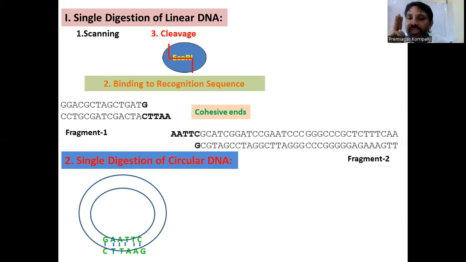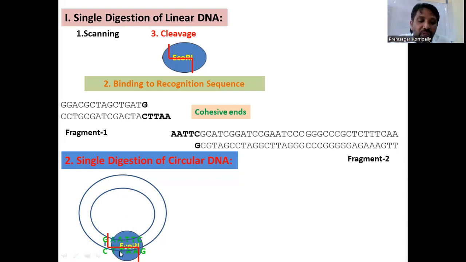You can see here, the circular DNA is incubated with the EcoRI enzyme, and it searches for the restriction site. Once it identifies, it binds the restriction site, followed by cleaving. Cleaving of two phosphodiester bonds in the two strands and releases the DNA fragment.